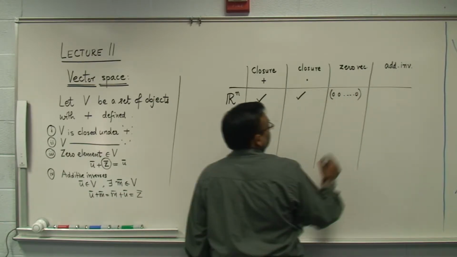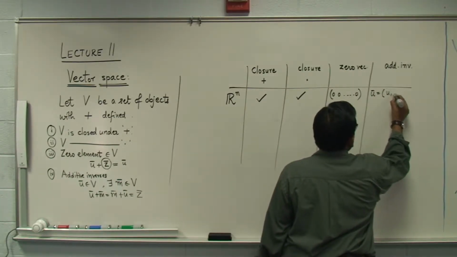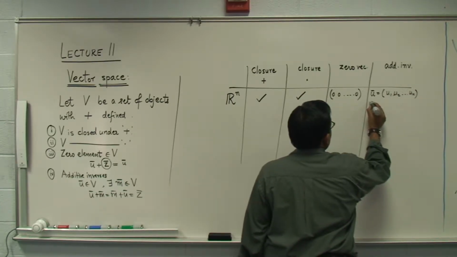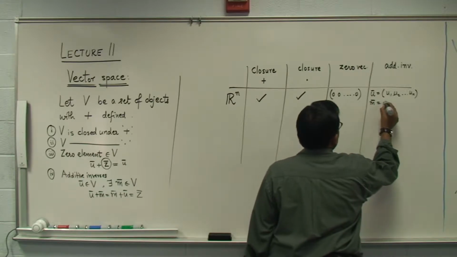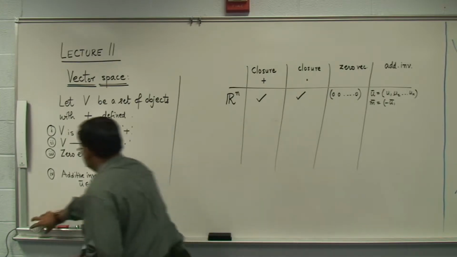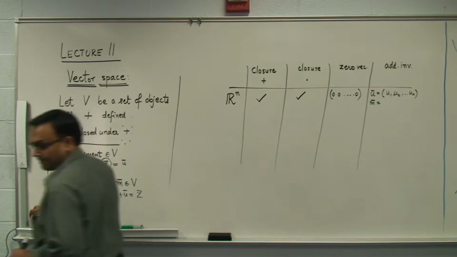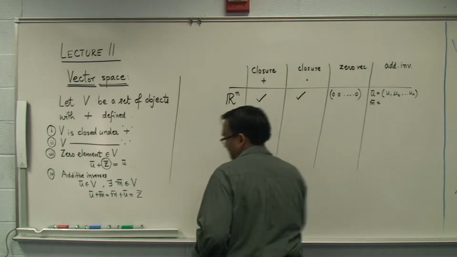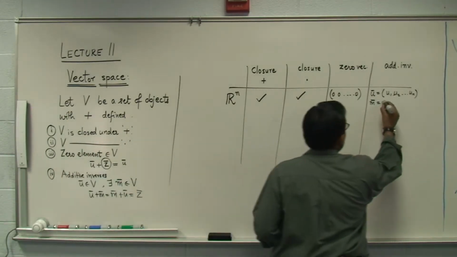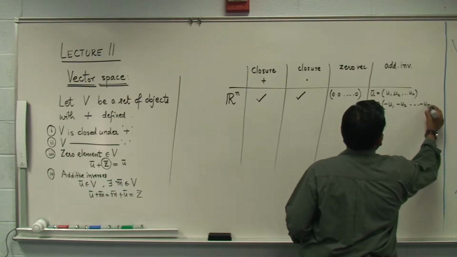And for every vector u, which we call u1, u2, un, the vector which will act as its additive inverse would be minus u1, minus u2, minus un.